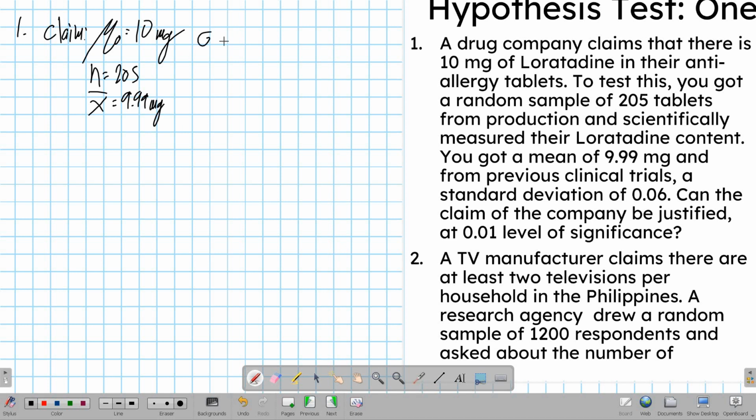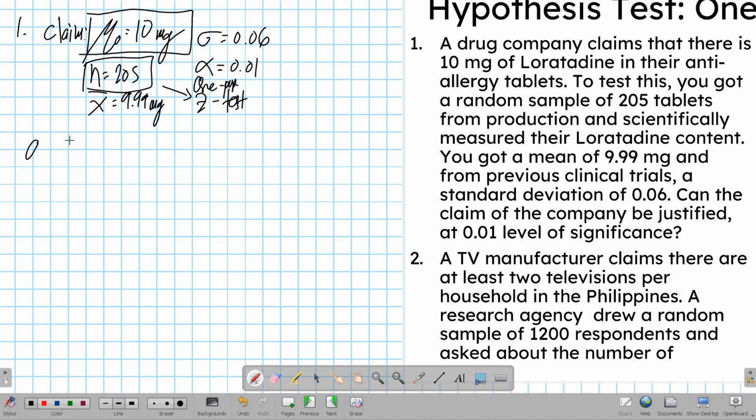Then a standard deviation of 0.06 at alpha 0.01. Because n is equal to 205, n is already greater than or equal to 30, so that's why we can do the one population z-test.